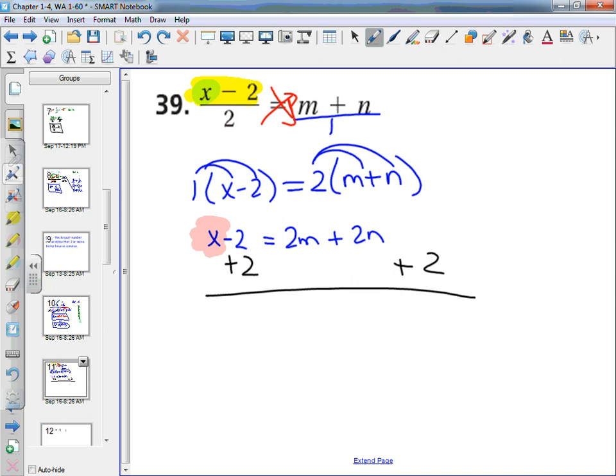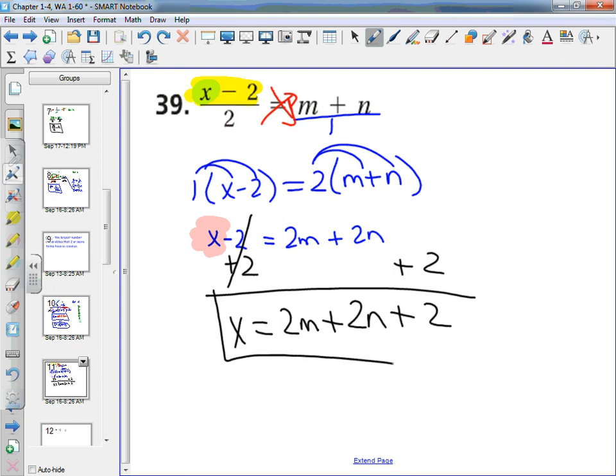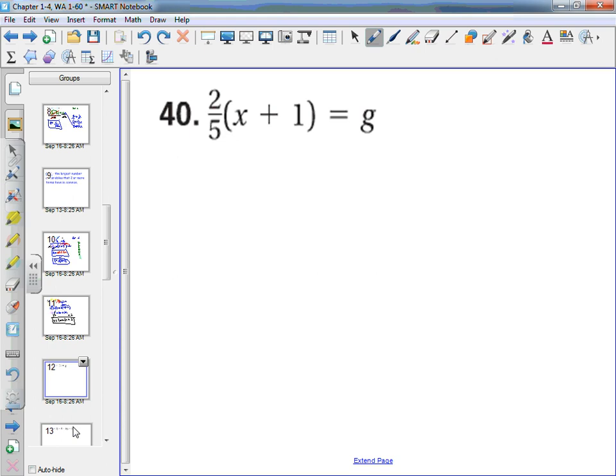Why is it going to go right there? Because the number 2 is not a like term to 2m or 2n. So I can work from left to right. The x comes down. The 2m comes down because it does not have a like term. The 2n comes down. And then also the 2. And you're done. Do we see it? Are we getting it? Keep on we go. Number 40.